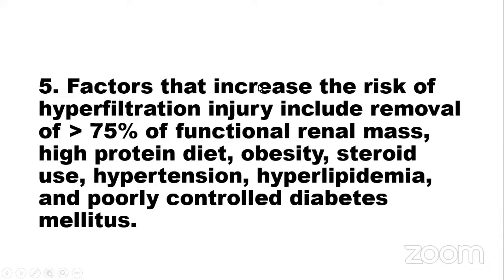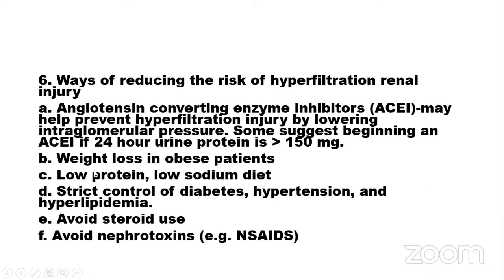Factors that increase the risk of hyperfiltration injury include removal of more than 75% of the functional renal mass, high protein diet, obesity, steroid use, hypertension, hyperlipidemia, and poorly controlled diabetes mellitus. All of these are considered factors that increase the risk of hyperfiltration injury.